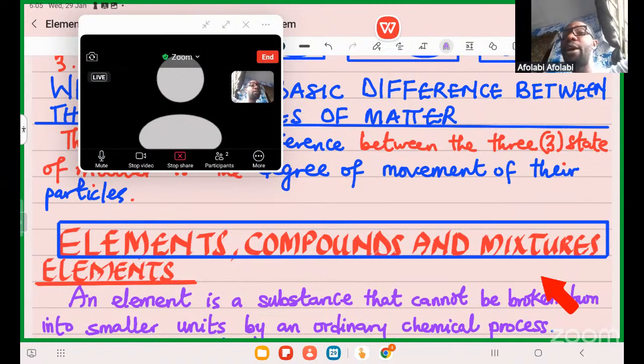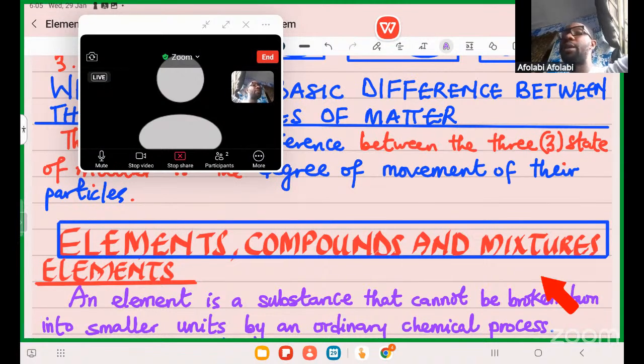Why are some reactions not ordinary? They are nuclear reactions, like the bombardment of elements using neutrons. When there is an atomic bomb explosion, an atomic bomb could be made using uranium.